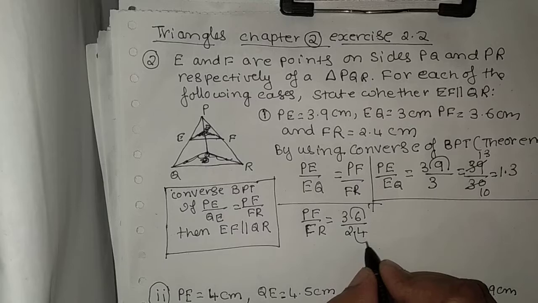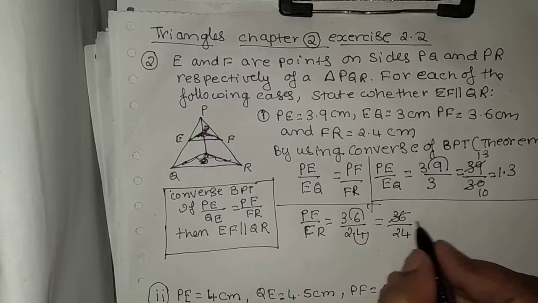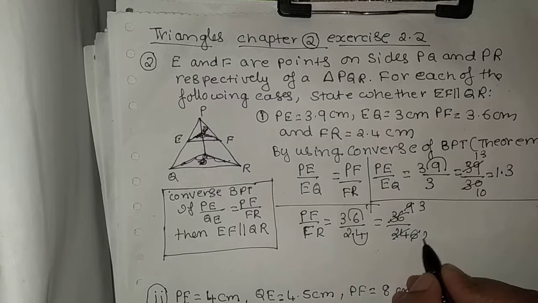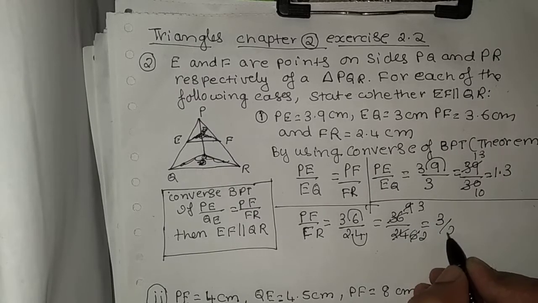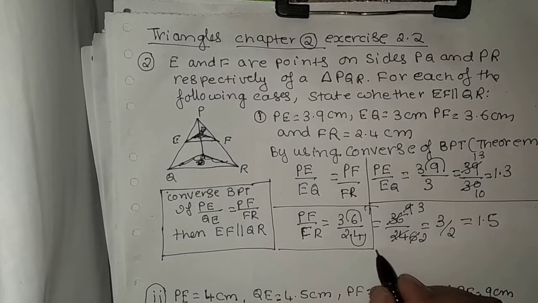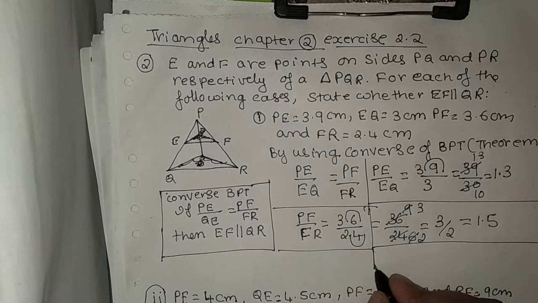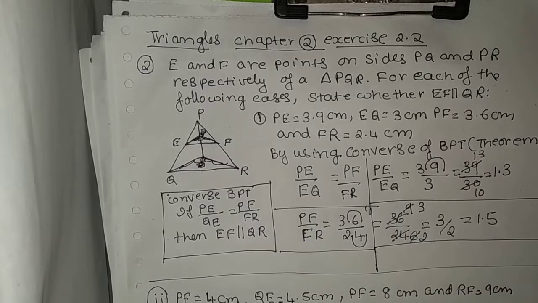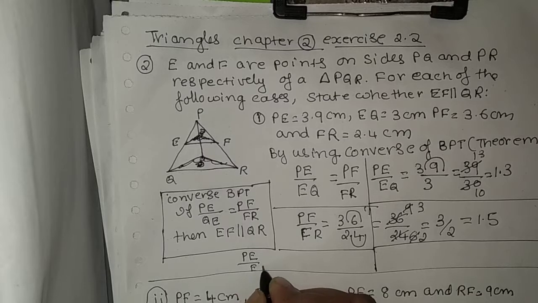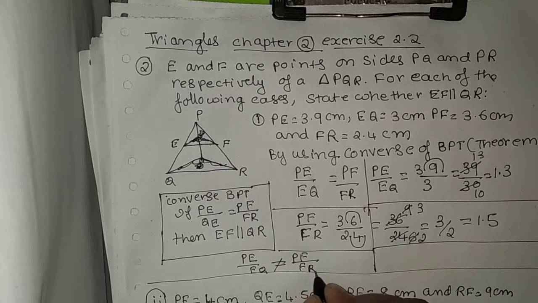Shift the decimal point by 1 unit, then we get 36 by 24, that is 3.2. This is 1.5. So in both cases we are getting different results. So finally we can write PE by EQ is not equal to PF by FR.